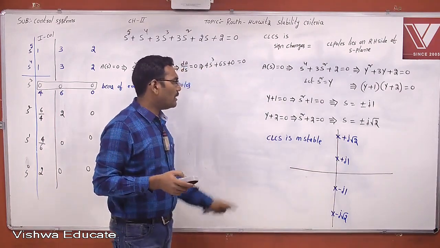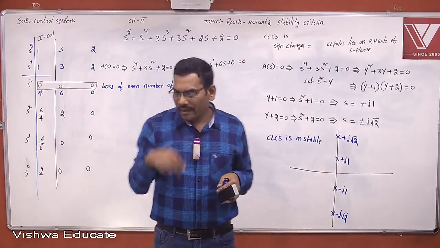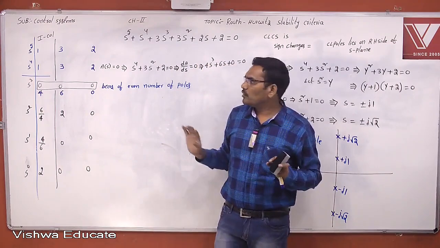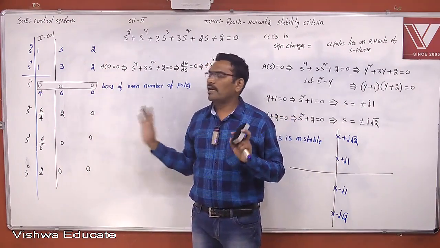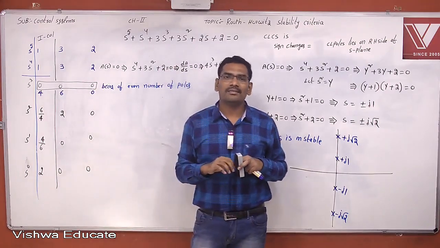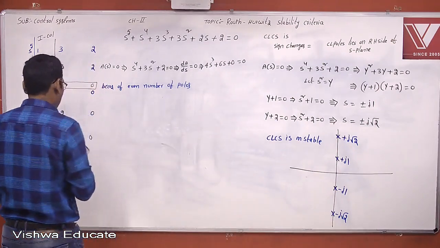Understand or not? Then one shortcut method is also there. Sir, I don't know the roots and I don't want to do all these things. But without doing all these things, by looking at the RH tabular form, can I find whether the system is stable, unstable, or marginally stable directly? Yes. Now see, one shortcut method I am giving.